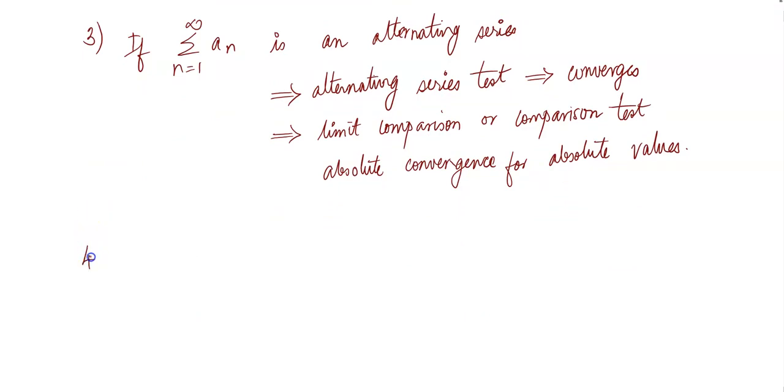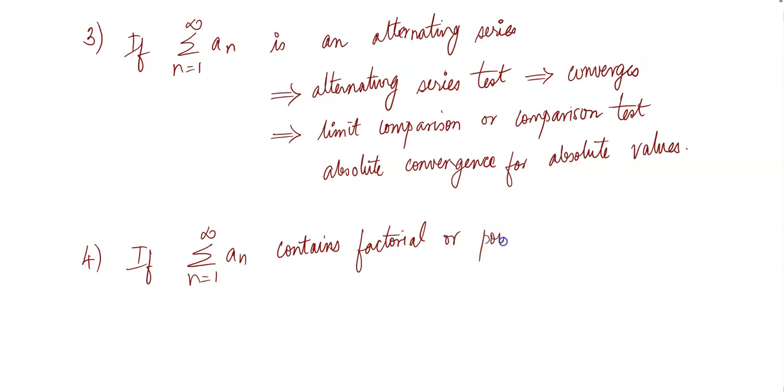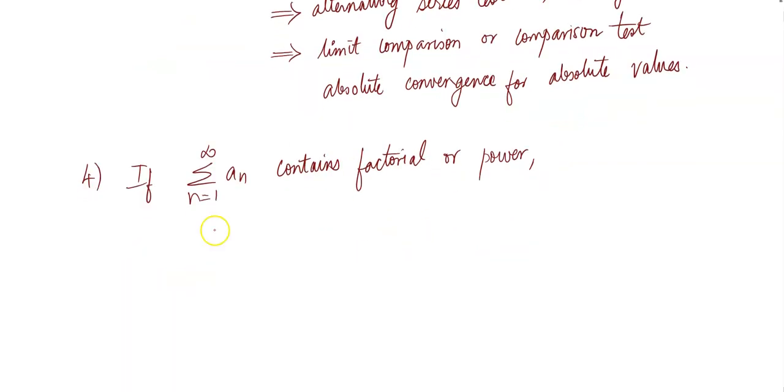Now if your summation an contains factorial or power, we just saw that if it had a power, like the n and the n, then it can undo the root. So we would say, if your an can be written as something to the power n, then go for the root test.